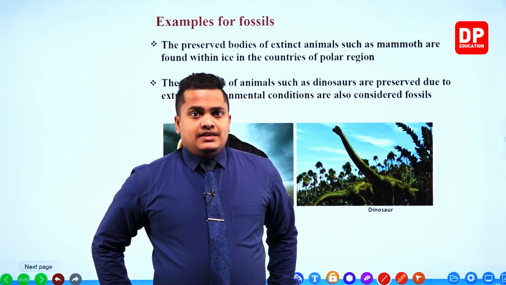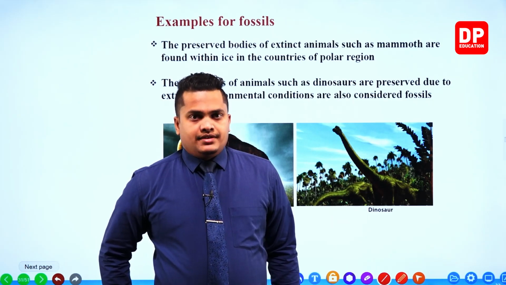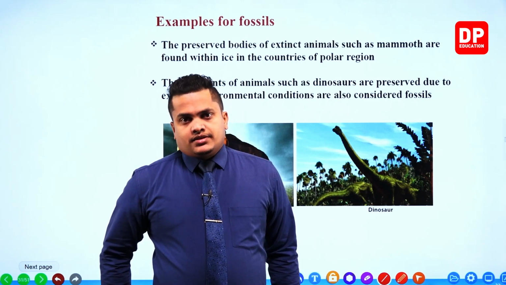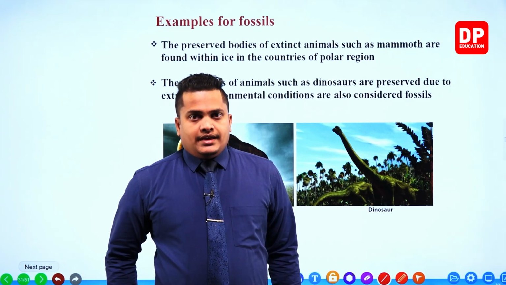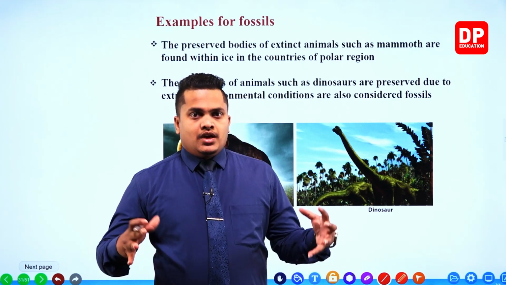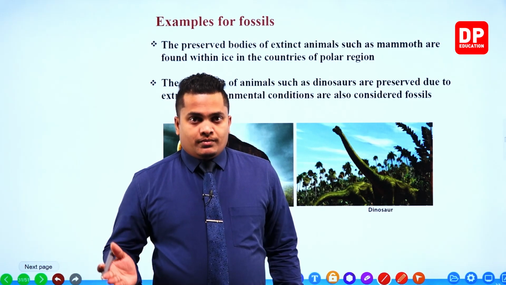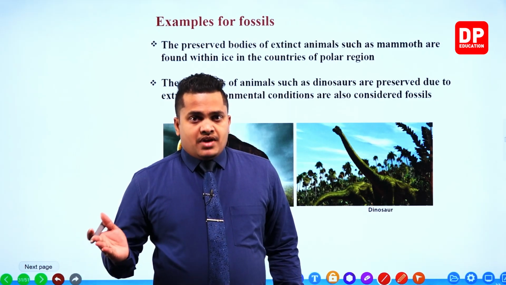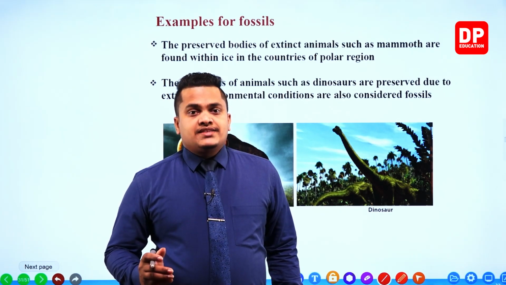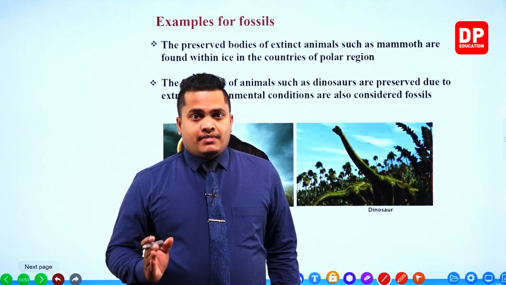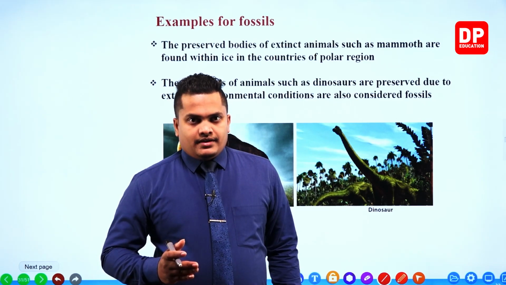Mammoth is an elephant-like creature who lived in the earlier stages of the earth, right? It has wool around the body. Unlike the elephants who are living in our normal environments, mammoth had wool on their body. It's like a bison cow, right?